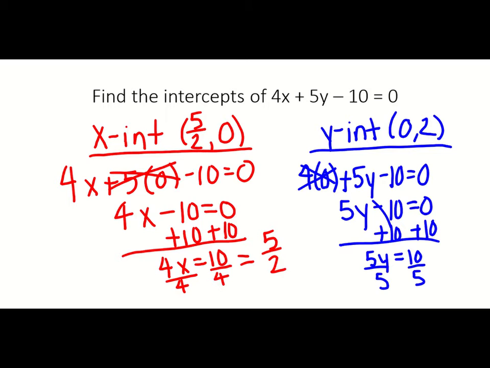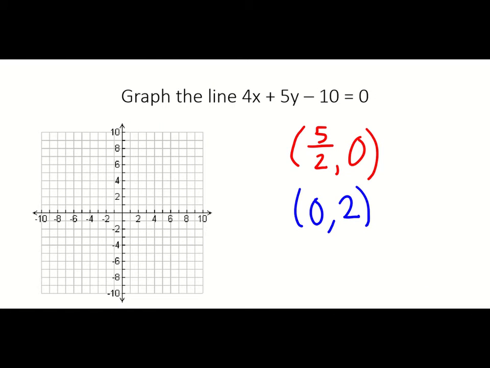So using our two intercepts, we're now going to create our graph. Using the two intercepts we found in the previous problem, we can create the graph of our line. So we're going to plot a point at (5/2, 0). So 2 goes into 5 twice with 1 left over, so that would be about 2.5.